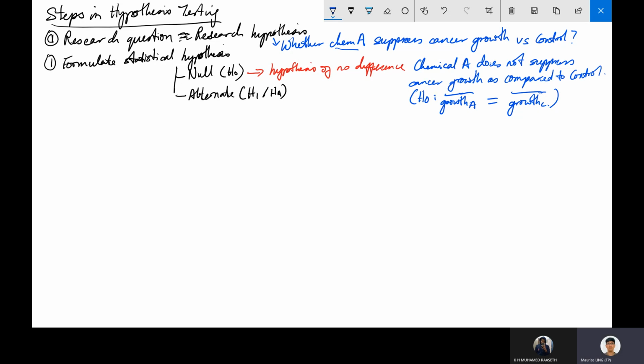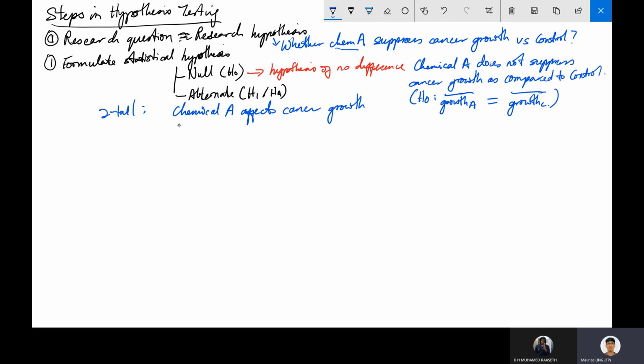Most of the time, when we ask a research question, it is equivalent to our alternate hypothesis. If you are talking about a two-tailed test, the alternate hypothesis is that chemical A affects cancer growth. This is a two-tailed hypothesis.